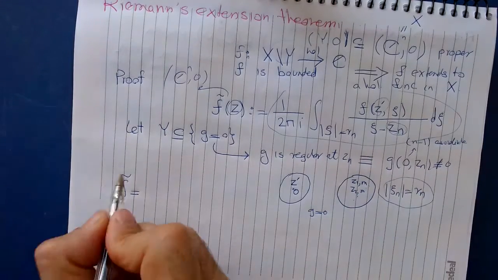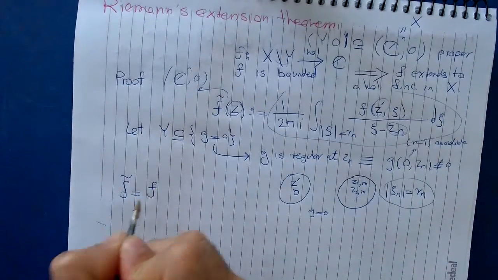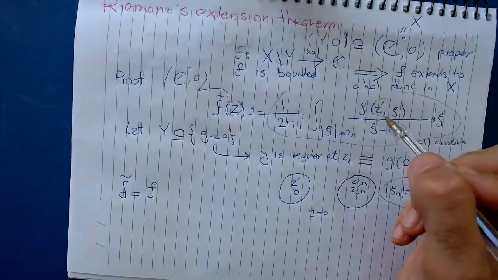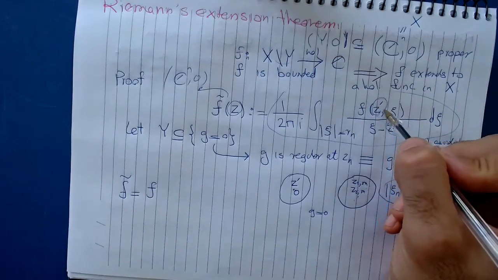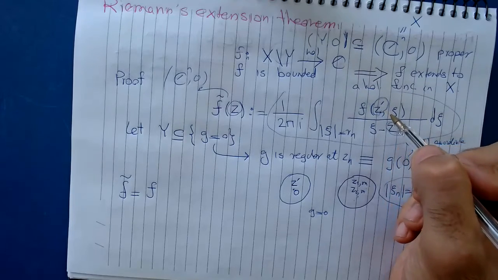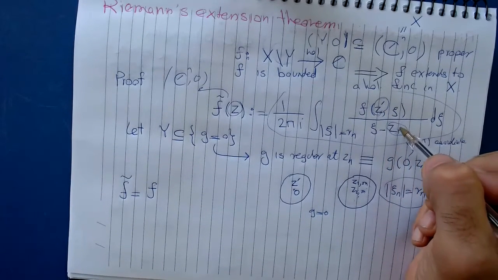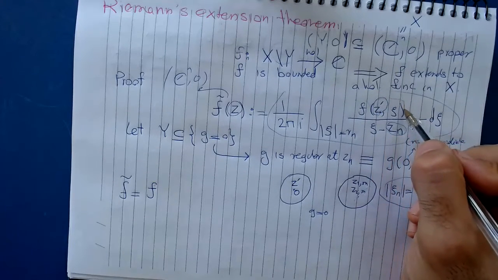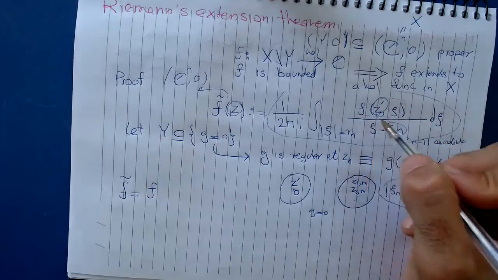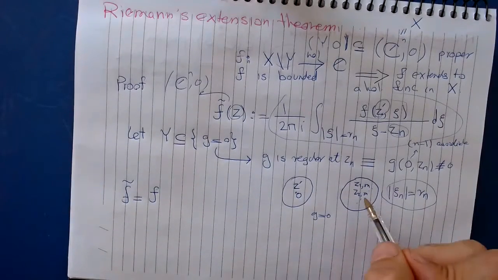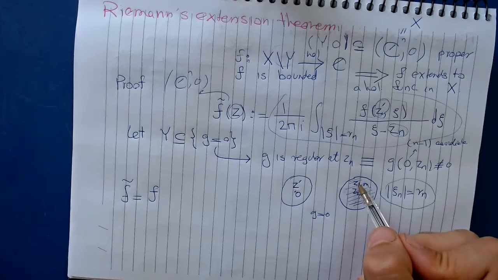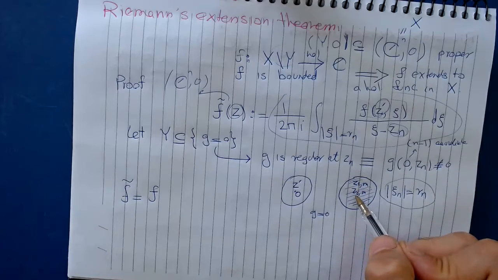The next step is to show that f tilde is equal to f, and the reason is that when we fix z prime, this becomes a holomorphic function in one variable, holomorphic outside a finite number of points, and it is bounded.